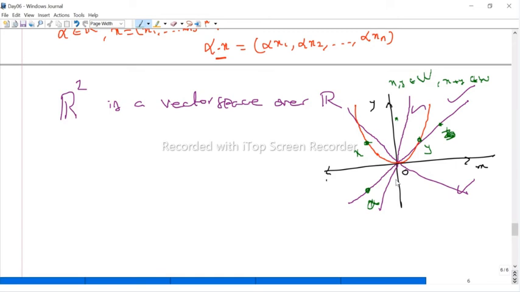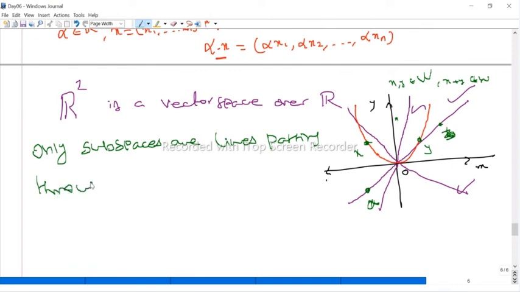Therefore, in R2, the only subspaces are lines passing through the origin. That is important.